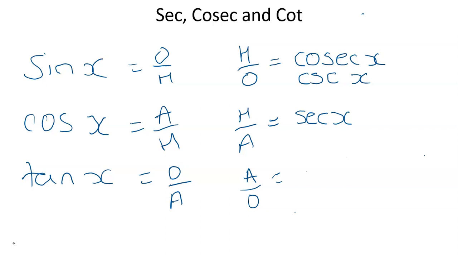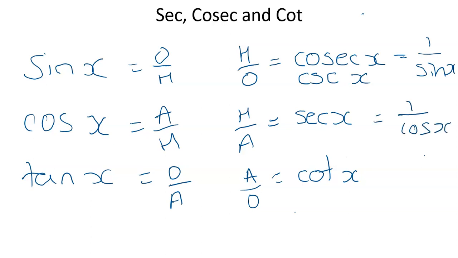And then cot x for cotangent of x, and these are simply just the ratios upside down. So these equal 1 over sin x, 1 over cos x, and 1 over tan x.